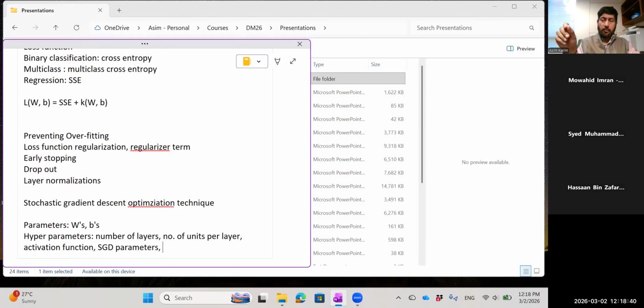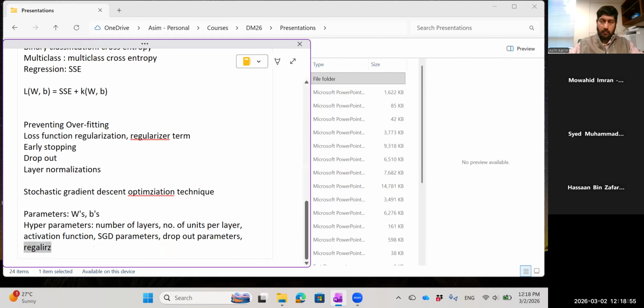And optimization parameters, जो SGD parameters हैं, regularization parameters भी होते हैं. So dropout के parameters हैं, regularization के, and etc. So there are lots of hyperparameters.